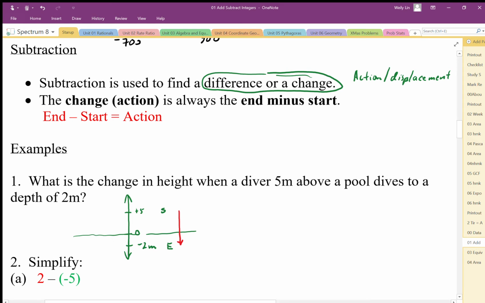To get the -7, or going down 7, we want to start with the end position. So it looks like this. Again, I'm going to write it out. End minus start equals the action or displacement.